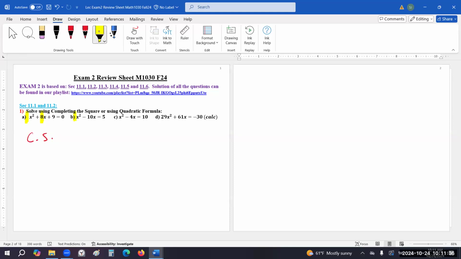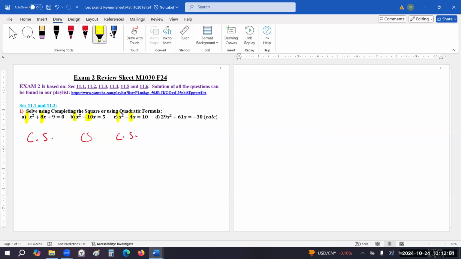Same thing here, our A is 1 and B is even. So complete the square is helpful. This is 1, this is even. As long as your A is 1 or even number and B is definitely even, then complete the square is helpful.